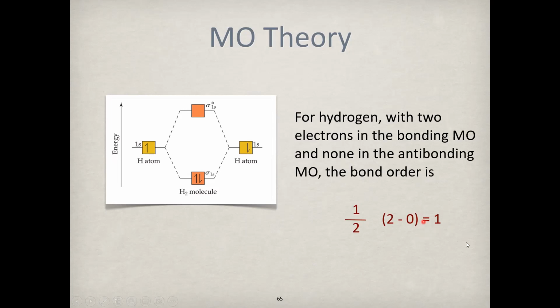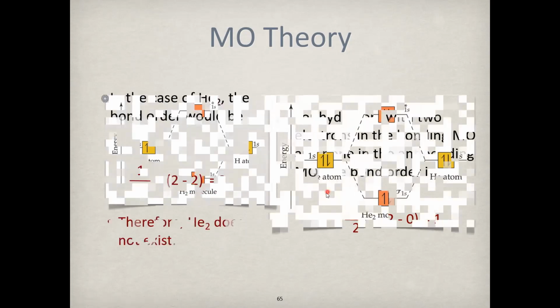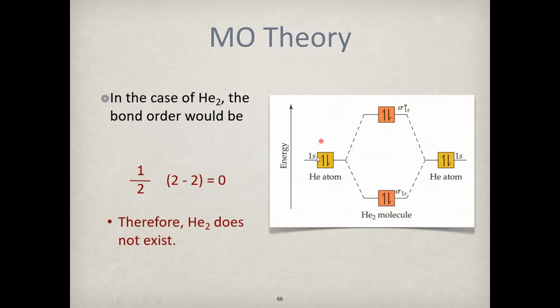We'll see in a little bit bond orders of 2 and 3 in things like oxygen and nitrogen. But since hydrogen has a bond order of 1, the hydrogen molecule has that single bond. But now if we look at something like helium, where the 1s orbital in each case is completely filled, when we look at the diatomic helium molecule, we can see why this isn't going to form.